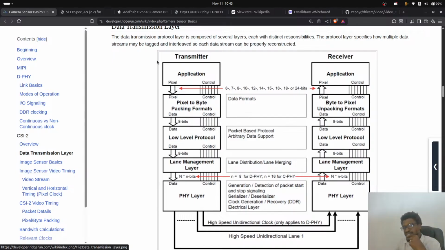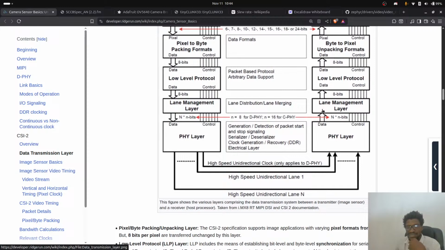And what happens is you sample stuff, you pack from pixels to bytes, and then you do some low level protocol, and then this becomes a multiplexer, the HSLP that we've seen, and then that goes into the physical layer, and then from the physical layer it goes to the physical layer of the other side, and it just goes backwards. It's again lane management, low level protocol, and then it does the opposite it did on the other side. So it converts from bytes to pixels, and then it just gives out the data to the receiver.